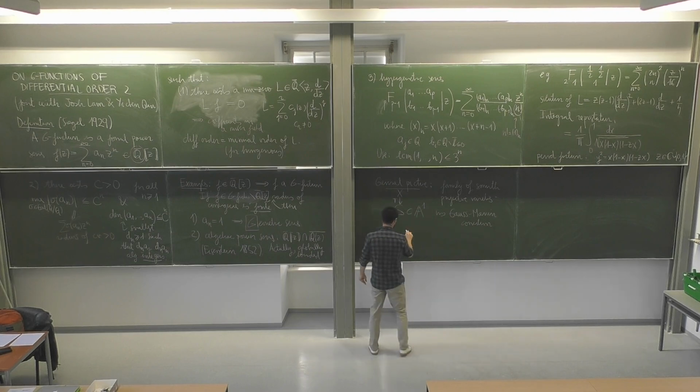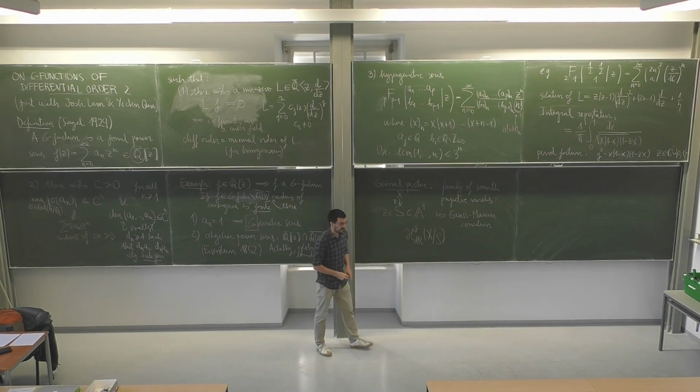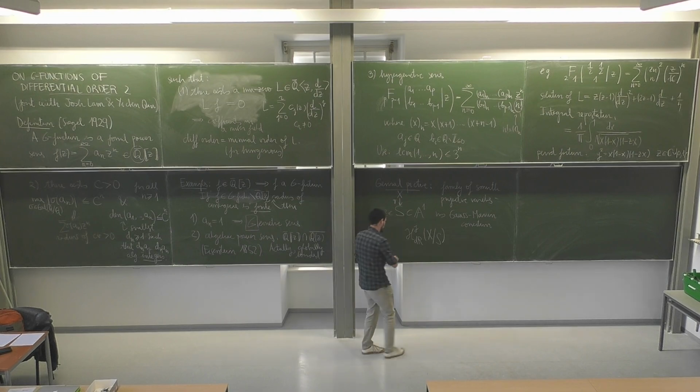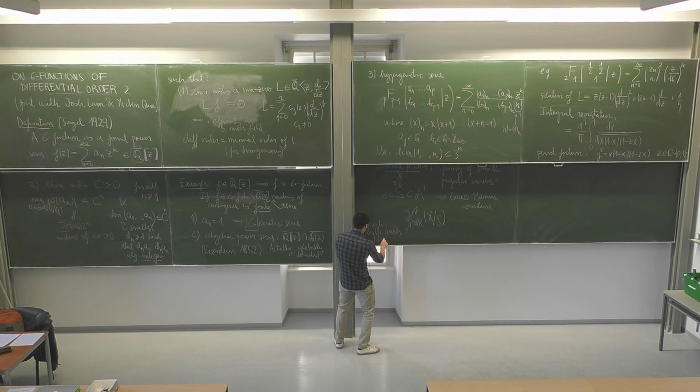So what is this? You consider H^1 de Rham of X over S. This is a vector bundle on S, with fiber the de Rham homology of the fiber X_s.